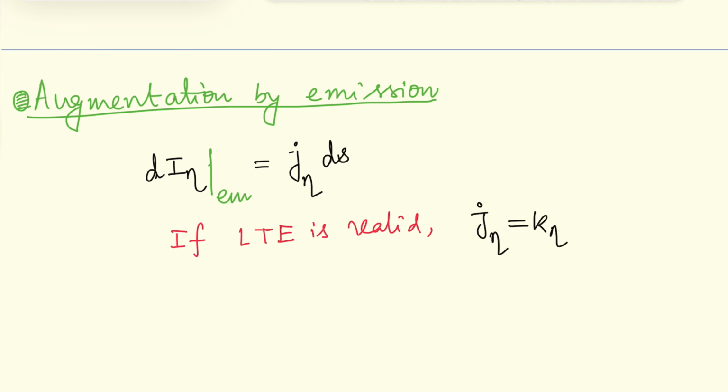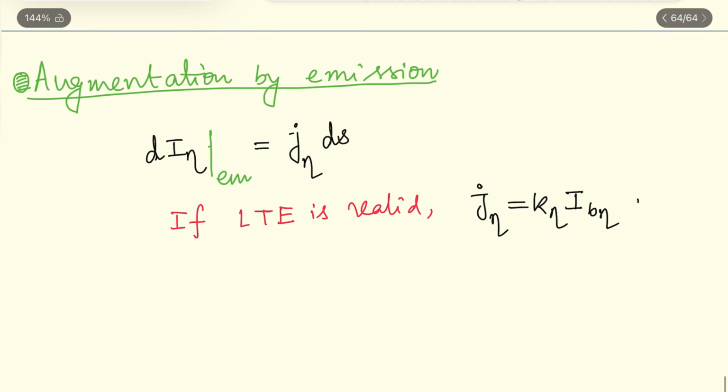then this j_eta becomes k_eta into I_B_eta. There is a formal proof for this, but I don't have the time to go through that. I will just give you the informal intuition.